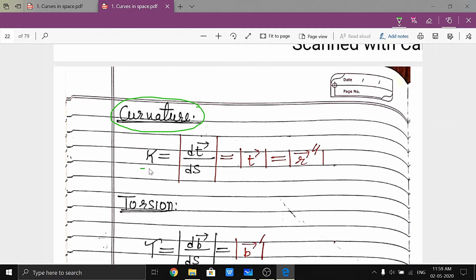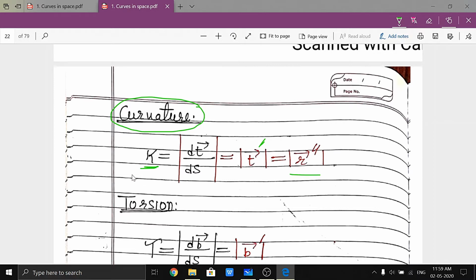That is denoted by kappa, and kappa is called the curvature of the curve. So curvature is the magnitude of dT by ds, which is the magnitude of T dash. What is T? T is dr by ds, so T dash becomes r double dash.